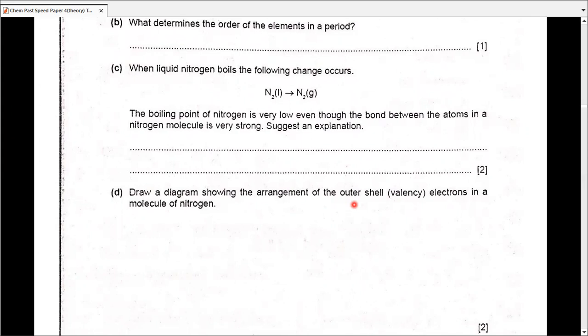According to the lectures, the boiling point of nitrogen is very low, meaning that the bond between atoms.